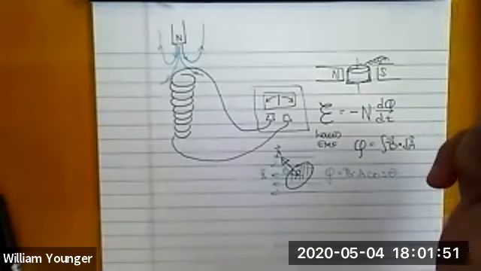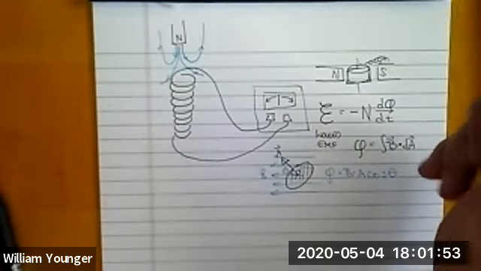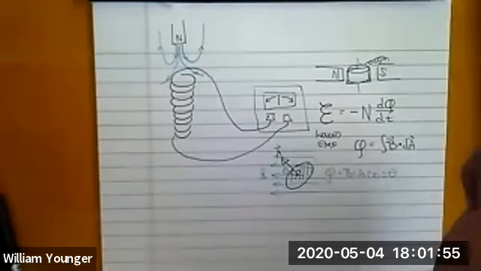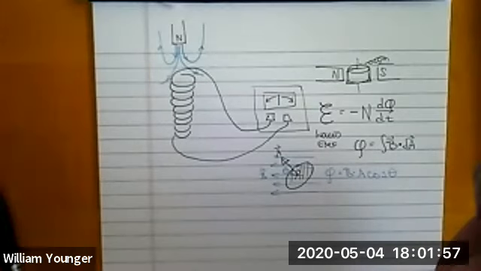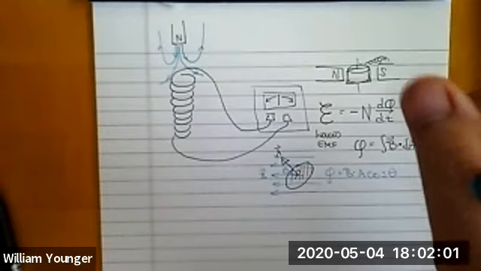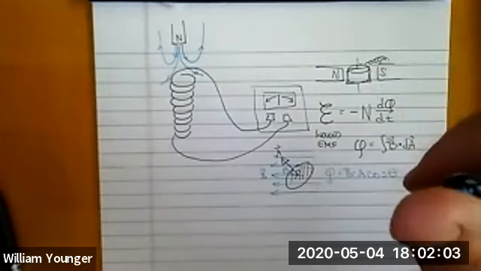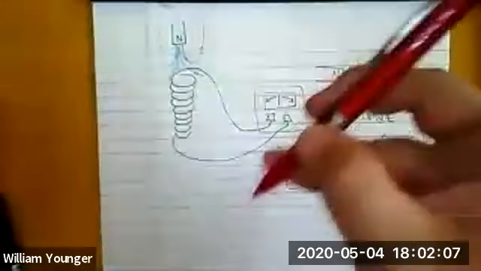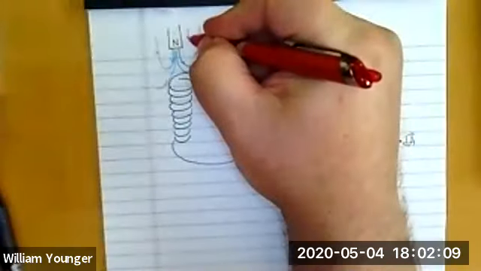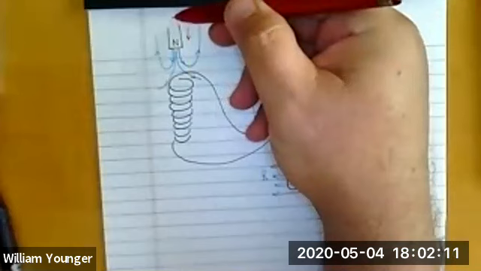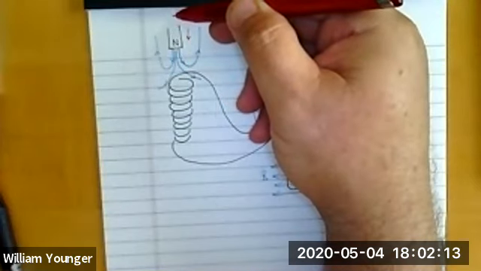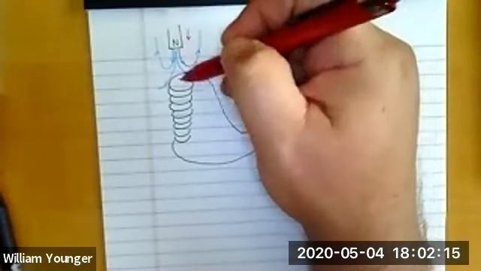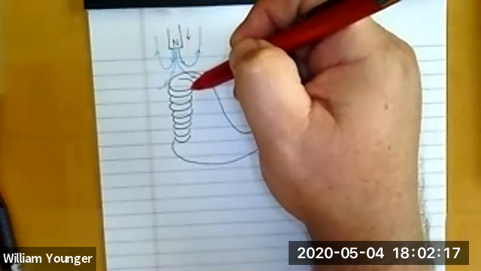Lenz's law essentially says the induced EMF is in such a direction as to oppose the change in flux. So it doesn't oppose the flux, it opposes the changing of the flux. So in this case, if you're considering this magnet falling, at one point the north end of the magnet is way up here, and the magnetic field is almost zero reaching the solenoid.